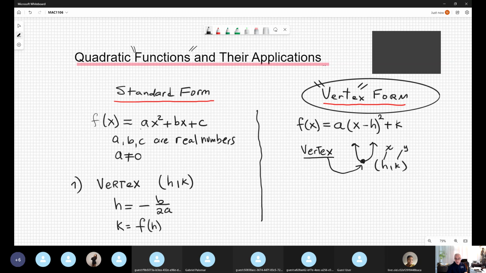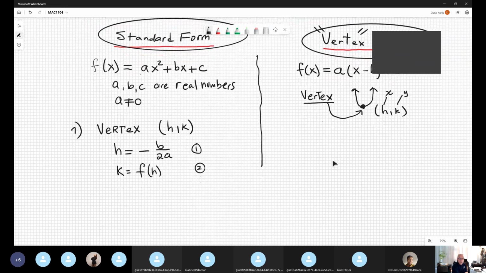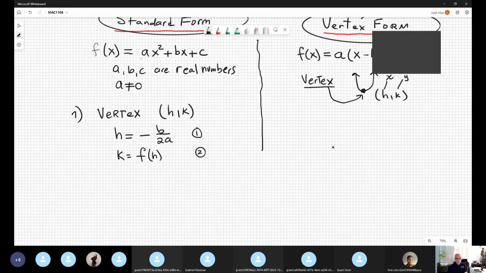You see using your eyes who is h and who is k. That's it. And when the scenario is standard, we compute it using Formula 1 and Formula 2. The Formula 1 is the most important formula today. We use it in applications, in the graph, we use it every day.